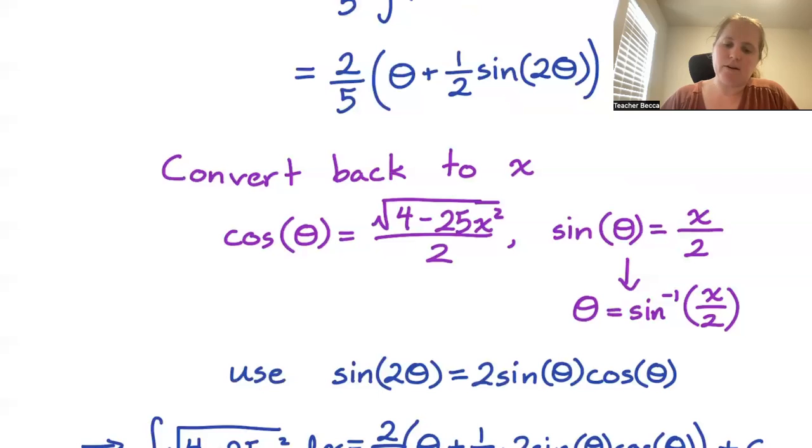Oh, sorry, sine of theta was actually 5x over 2. So theta would be sine inverse of 5x over 2.